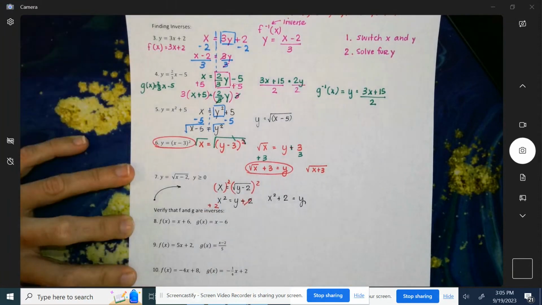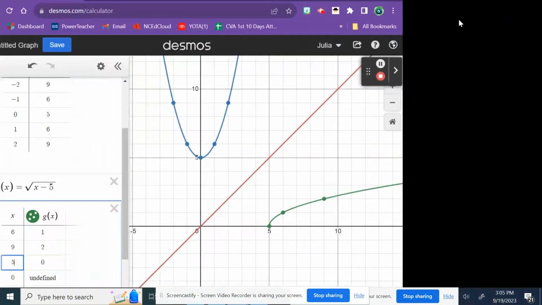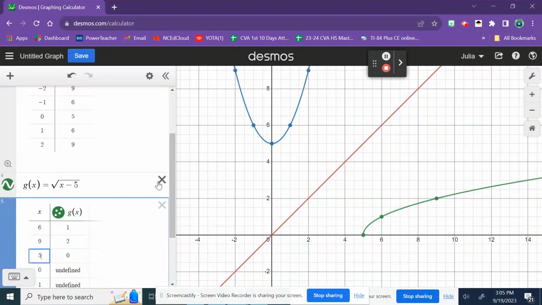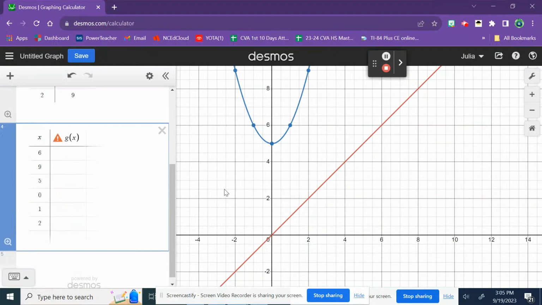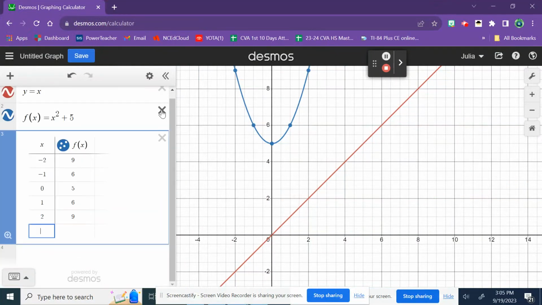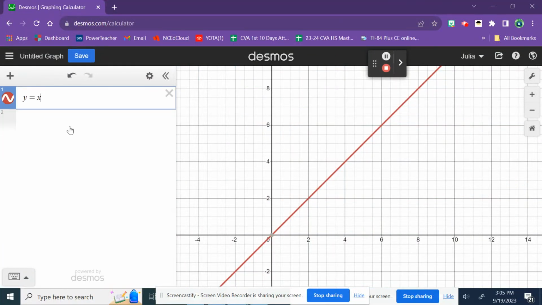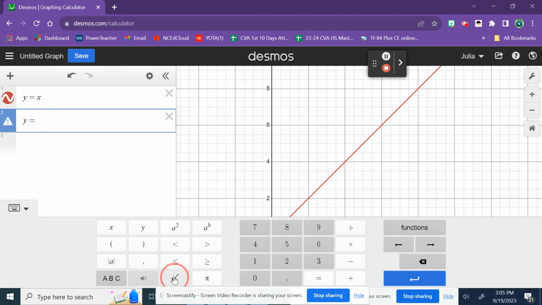And again, you can plug those into Desmos and check them. It should reflect over our y equals x. So if we type these in, we were given y equals the square root of x minus 2. And again, you don't have to do f of x, g of x. That's just if you want to manipulate it so it knows which one you're looking at.